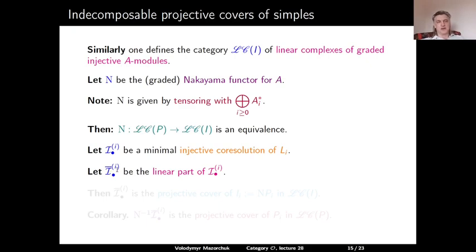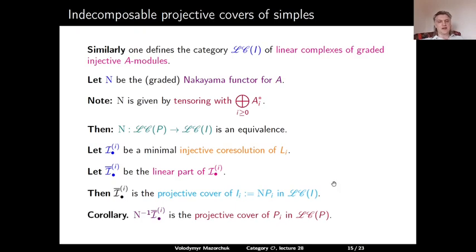And just the dual argument to the previous slide says that this overlined complex is the projective cover of the simple object II, which is just Nakayama applied to Pi, in the category of linear complexes of injective modules. So if we apply the inverse of the Nakayama functor to this complex I overlined, we will get the projective cover of Pi in the category of linear complexes of projective modules.